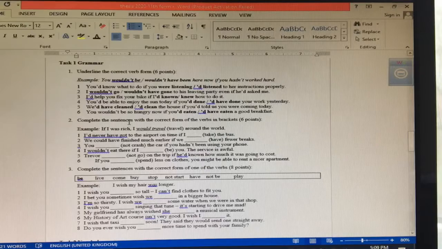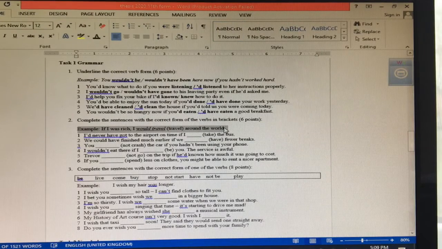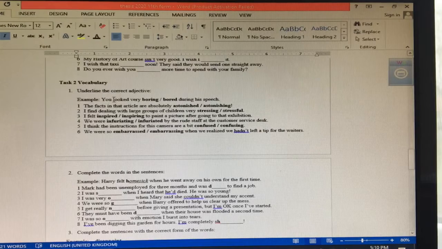So this is how it is supposed to be done, and we can have all the examples in italics so that the students can see the difference. And of course what you have to complete, you can put in bold, so that the students can see what their task is to do. Okay, so this was for grammar, and for vocabulary it is exactly the same.